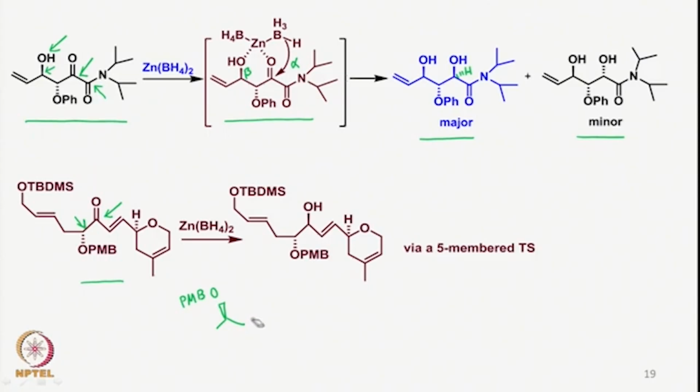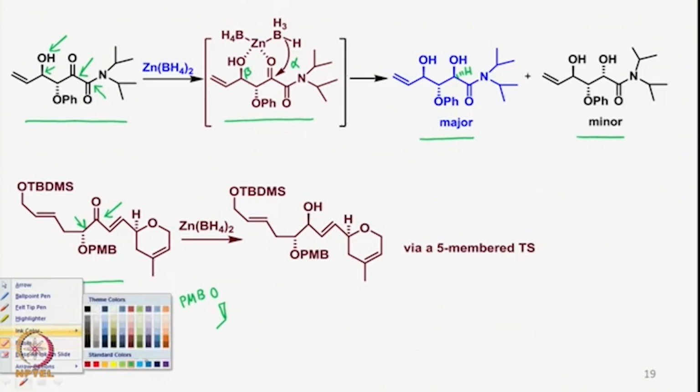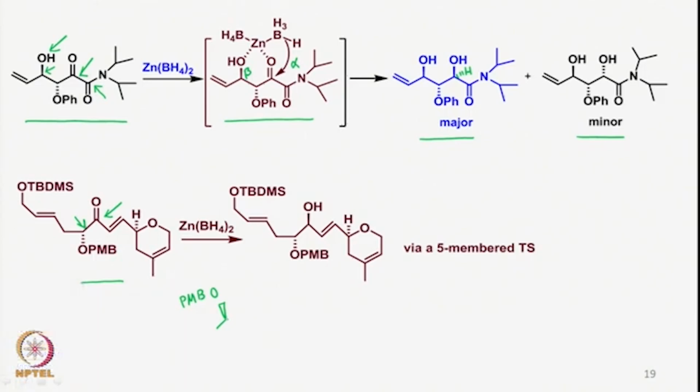So it would look somewhat like this, and then what you have is a carbonyl group which is now orienting itself in a fashion that will allow, for example, something like this, and then you have the carbonyl group coming here, and then of course something like this.